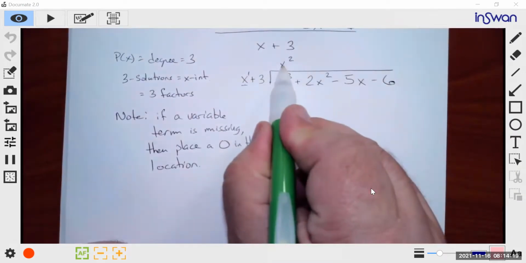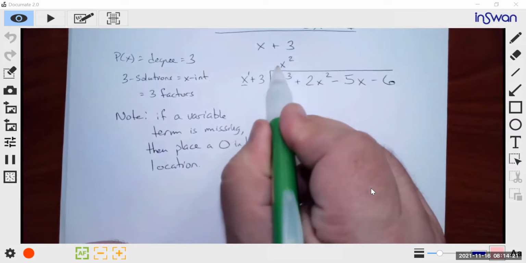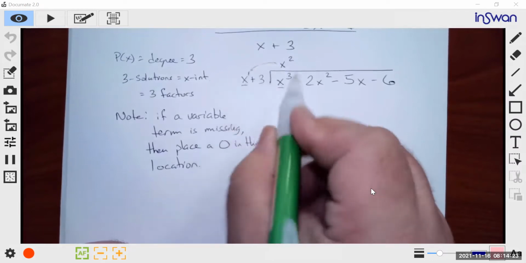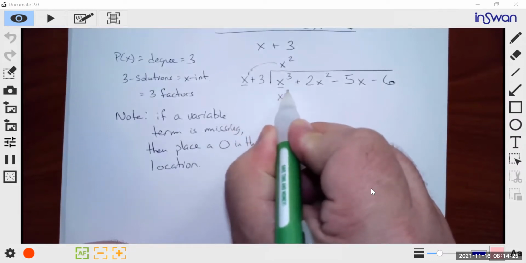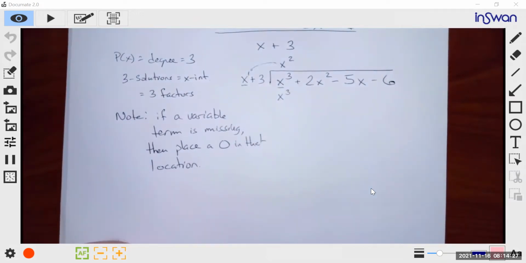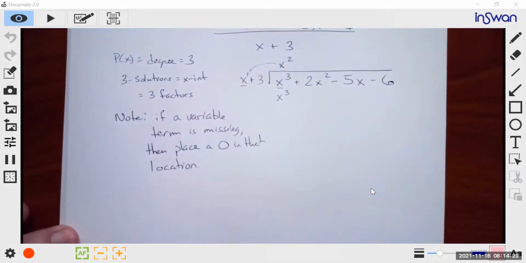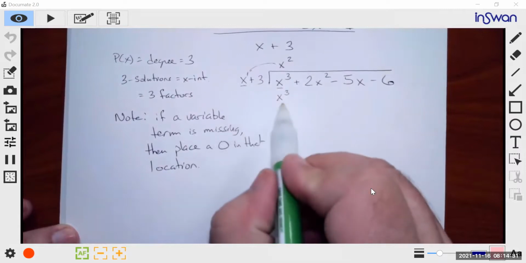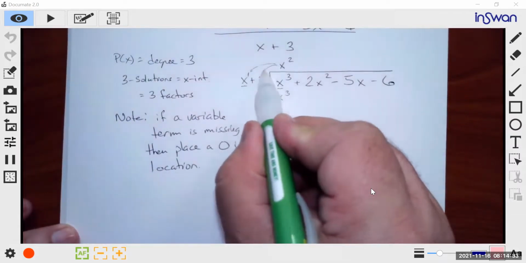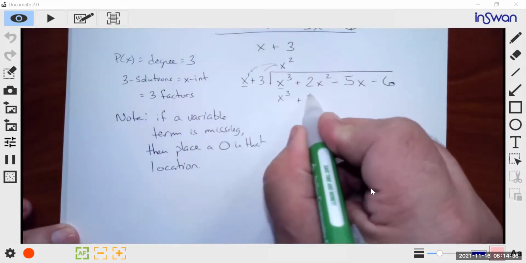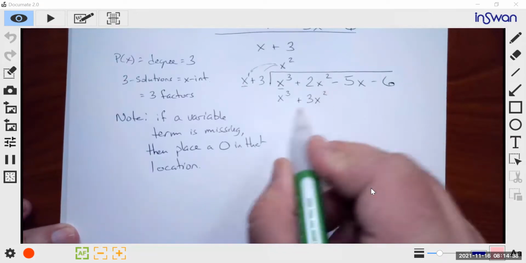Because this term, which you put up here, times this first one has to equal this first term. So x squared times x is x cubed. X squared times 3 is positive 3x squared.